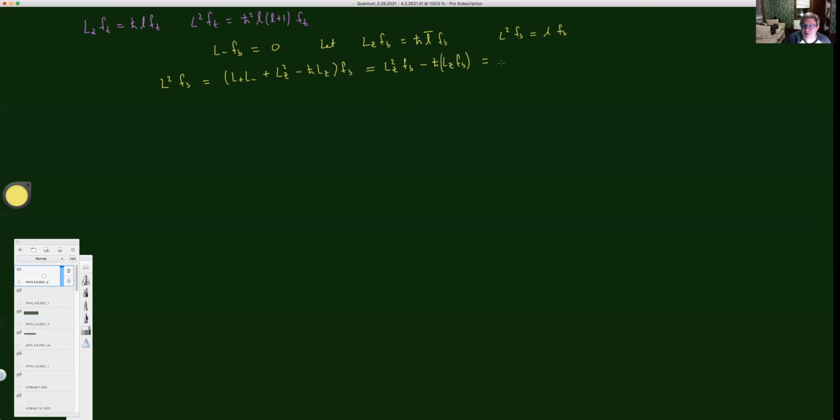Okay, a lot of bars in there. So this one's going to be H bar squared L bar squared times FB. And this one's going to be minus H bar squared L bar times FB. Which gives us all together H bar squared L bar squared.